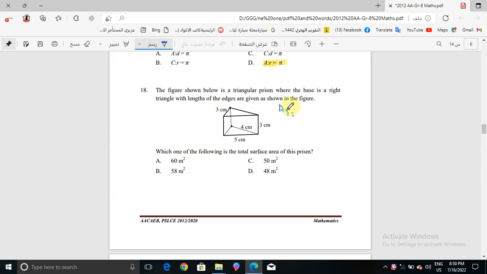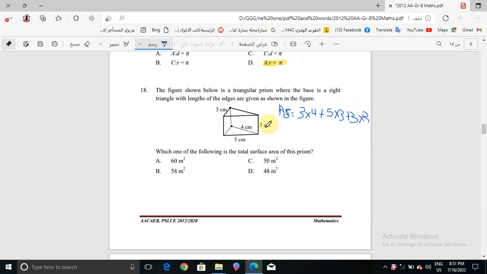which, here this one is S, which is what? 3 times 4 plus 5 times 3 plus 3 times 3.